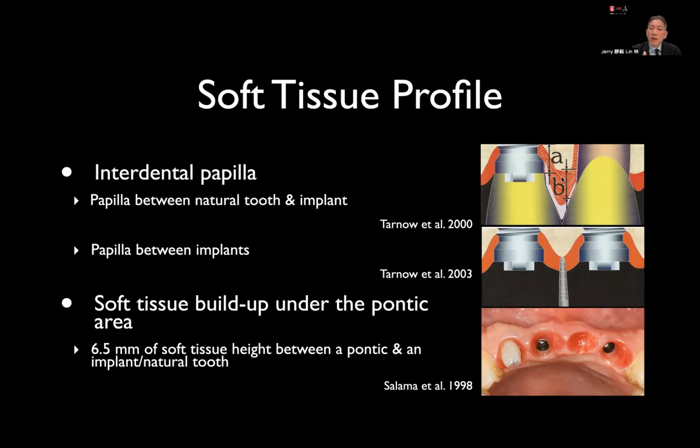However, with an implant next to a natural tooth, it could be 4.5 or 5 millimeters: 5 millimeters by Dr. Tarnow, 4.5 by other authors. And of course, we can use a provisional to increase the soft tissue volume and build up the papilla to mimic a natural look.